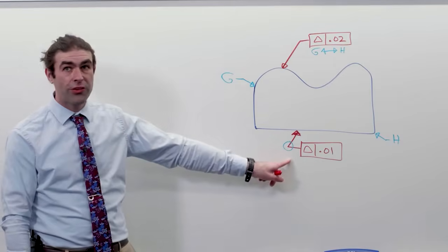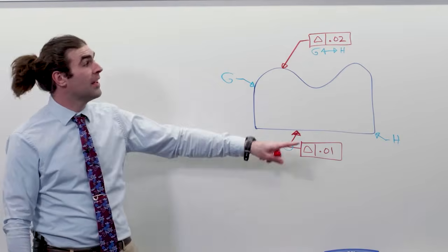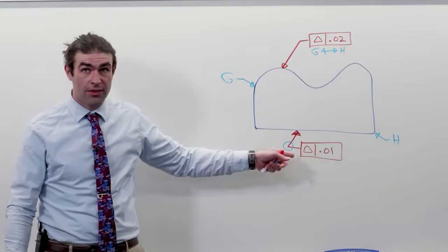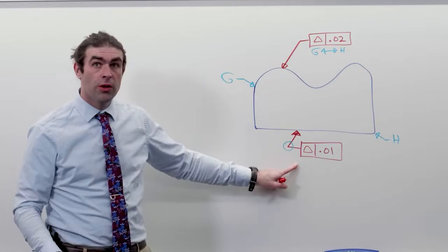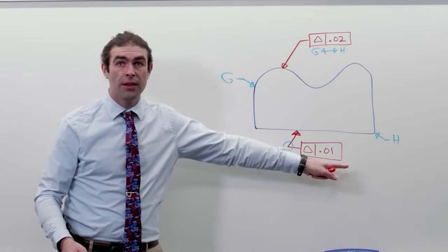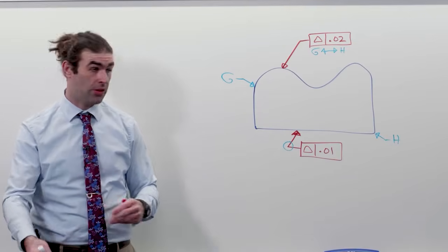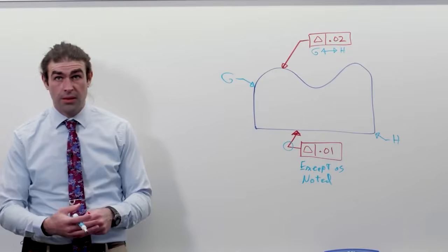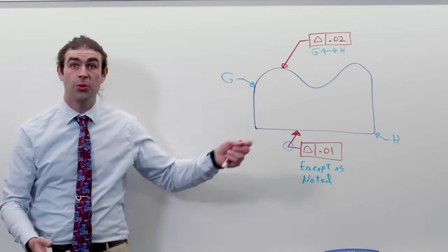So if you just glanced at this drawing and see this profile 10 thousandths all around, it's possible you could ignore this, even though it's going to take precedence over this. The way you avoid that is beneath this one, we're going to write except as noted to alert the reader of the drawing that there's going to be some exception to this all around symbol. So that just covers us and makes sure the reader is redirected to the other tolerance.